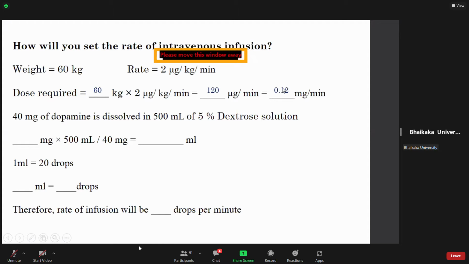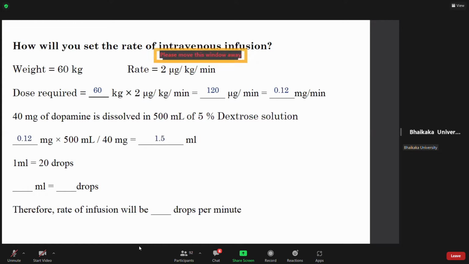Here the dose for this patient is 0.12 milligram. So for 0.12 milligram, we require how much amount? 0.12 into 500 divided by 40.